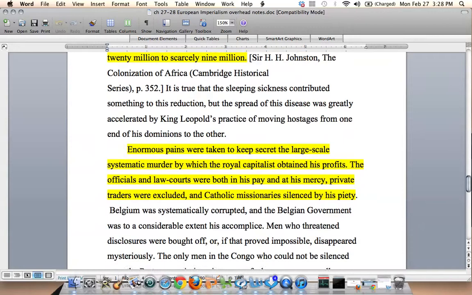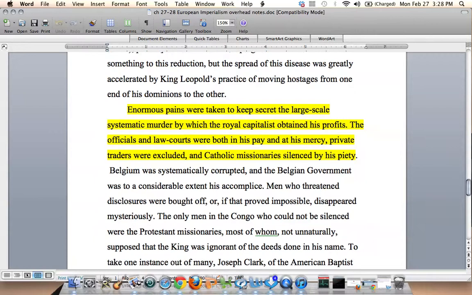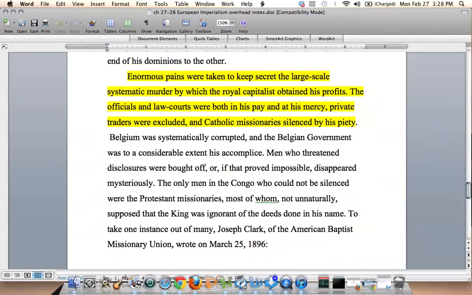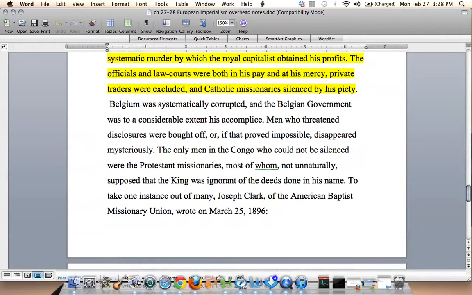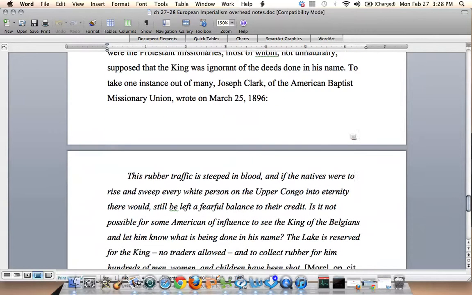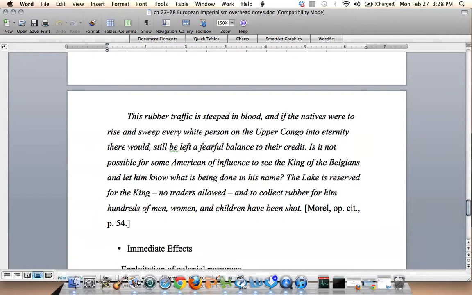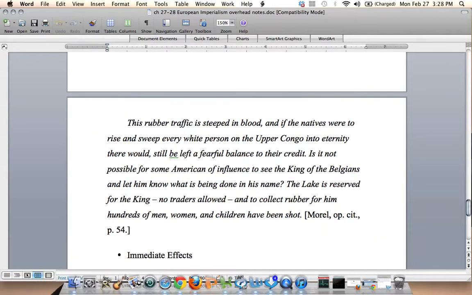And then also Leopold bribed people to keep quiet. So that's a sad story. That's one story, but there would have been a number of other stories like that in other colonies throughout Africa.